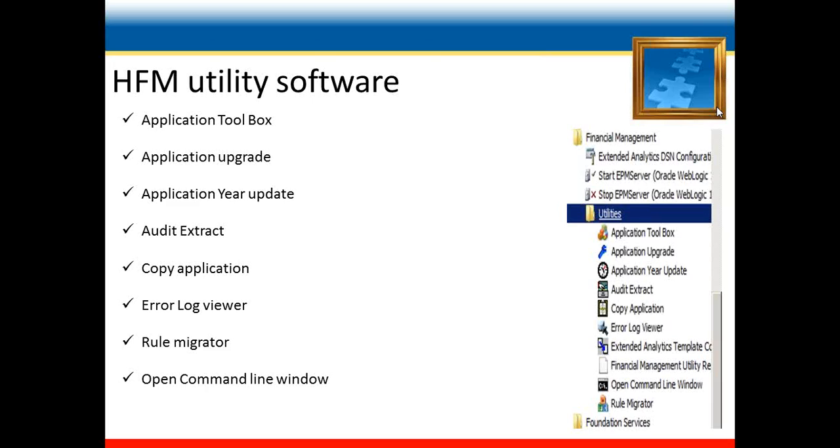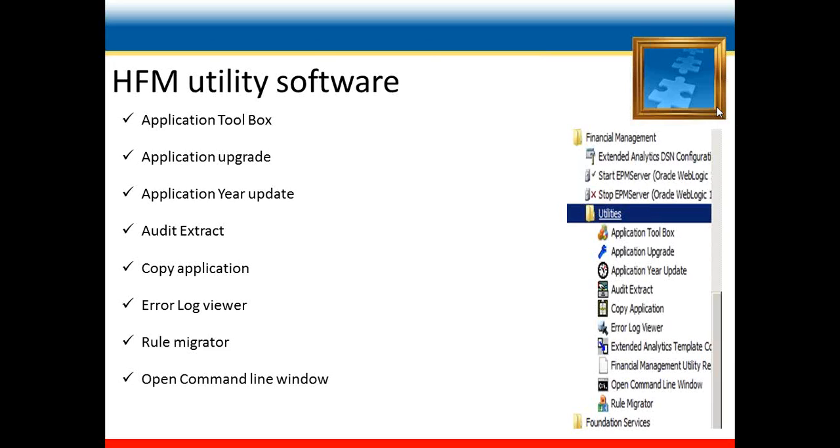Copy application utility can be used to migrate one HFM application to another server, or you can use this copy application utility to copy one HFM application within the server. Error log view utility, it interprets system message stored in the database.